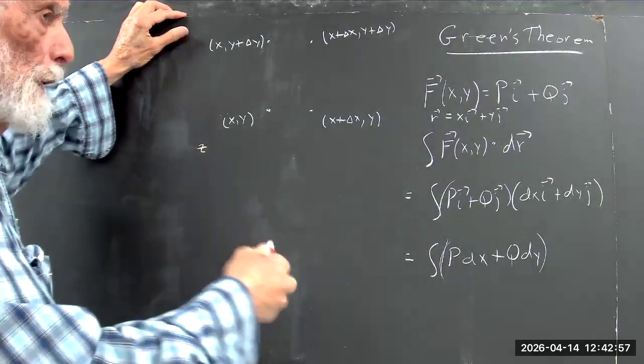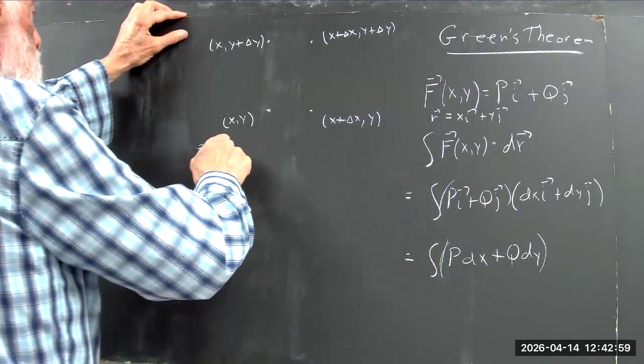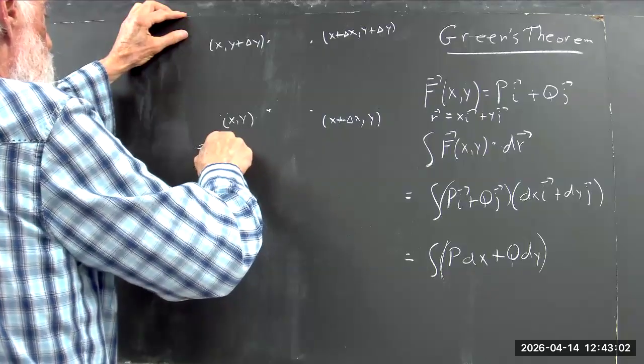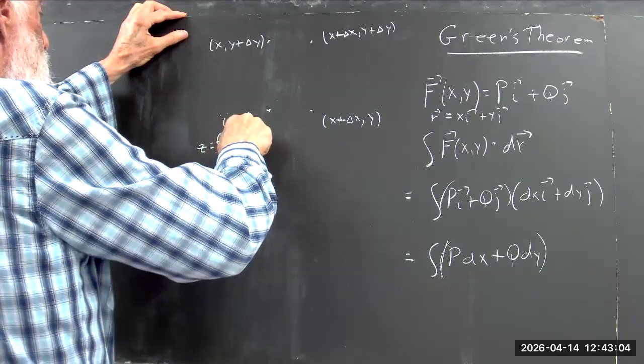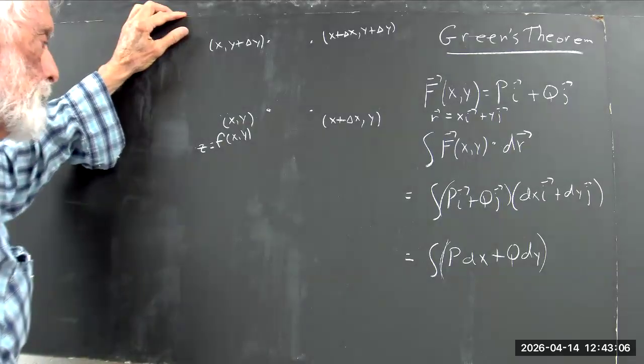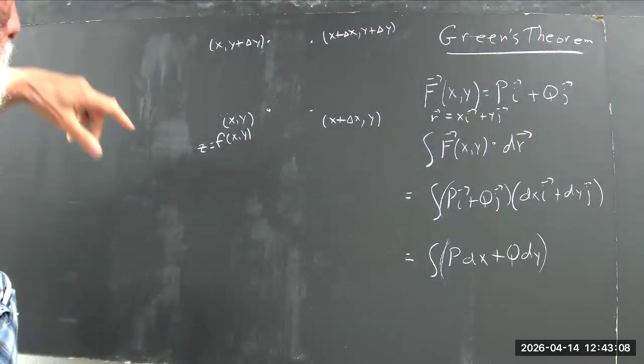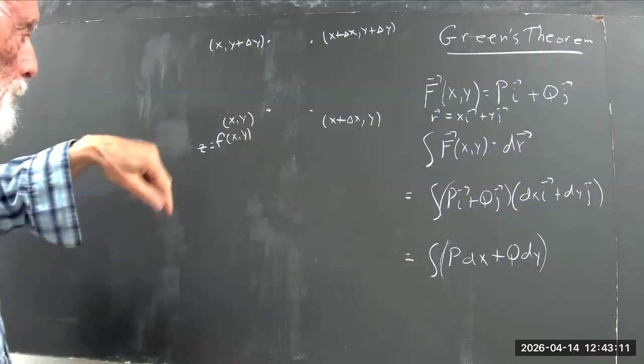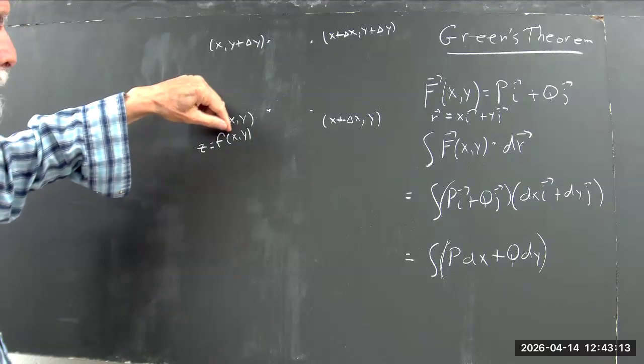Then we could have a z. We don't really need z, but I'm hoping this will put it into context. It'll be somewhat familiar to you. So z equals f of x, y.